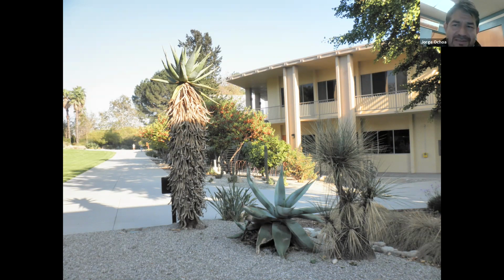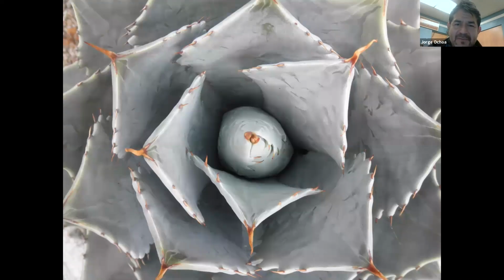So they look the same because they evolved in similar areas, similar environmental areas, similar niches. And so they both were filling their niche in the environment, one in the Americas, one in Africa and Europe or the Middle East. And so just be aware that aloes and agaves may look similar, but they are not.